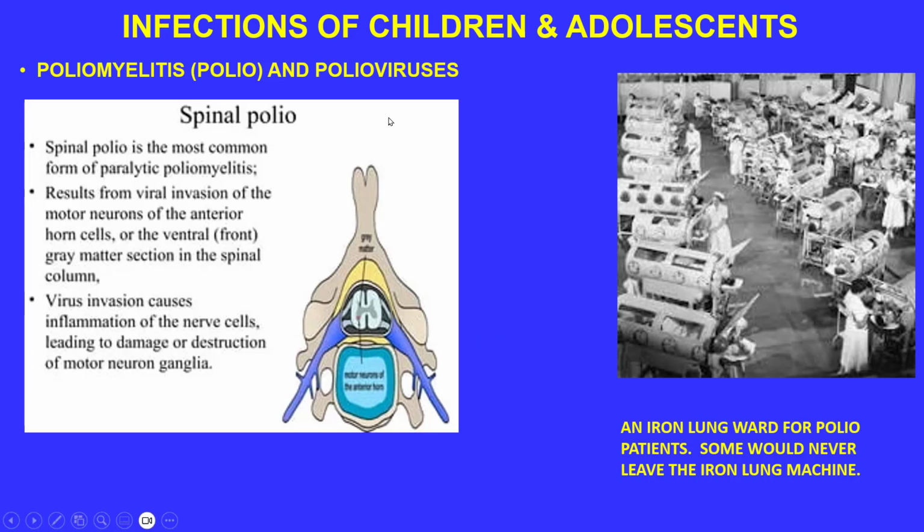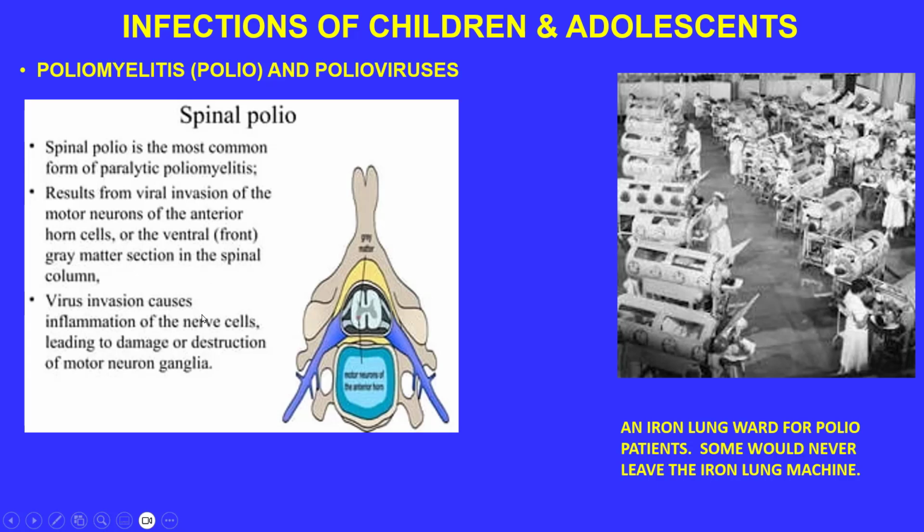We talk about spinal polio, the most common form of paralytic poliomyelitis. Viral infection, a viral invasion of the motor neurons on the anterior horn cells, or the ventral, front gray matter section of it. So, as you can see here, these are getting destroyed.